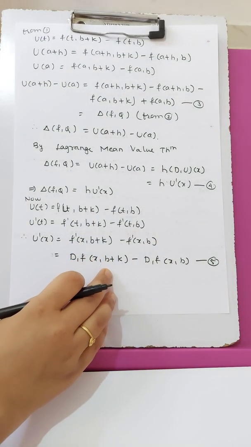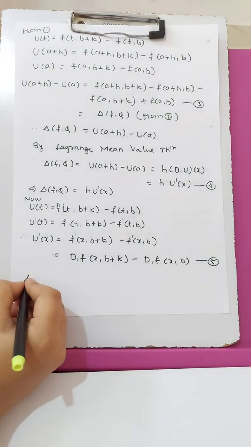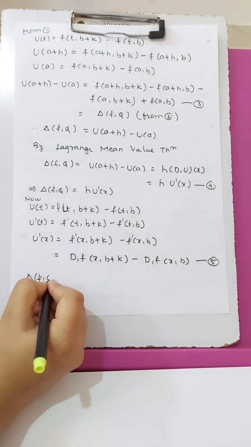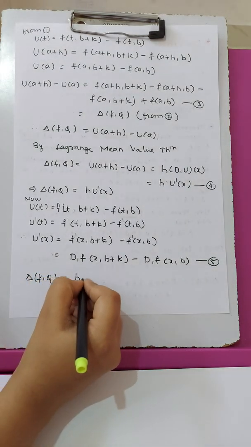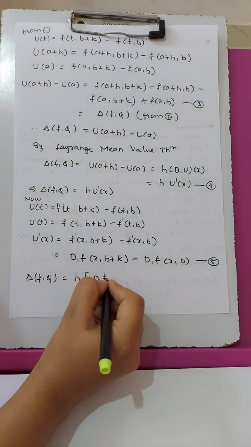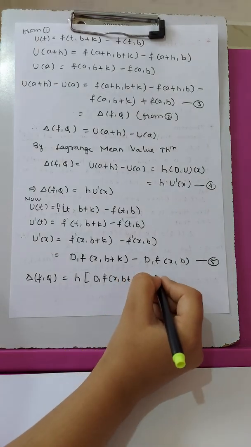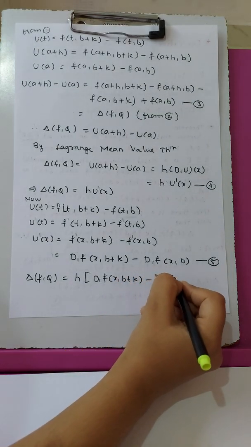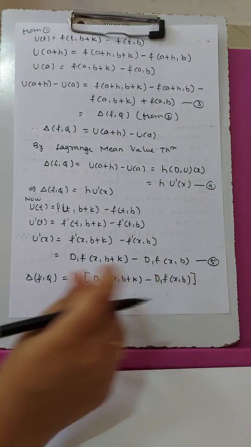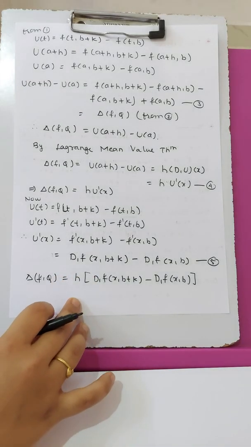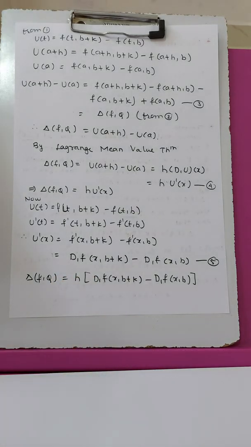So using this in 3 we get delta f(Q) equals h times D1 f(x, b plus k) minus D1 f(x, b).